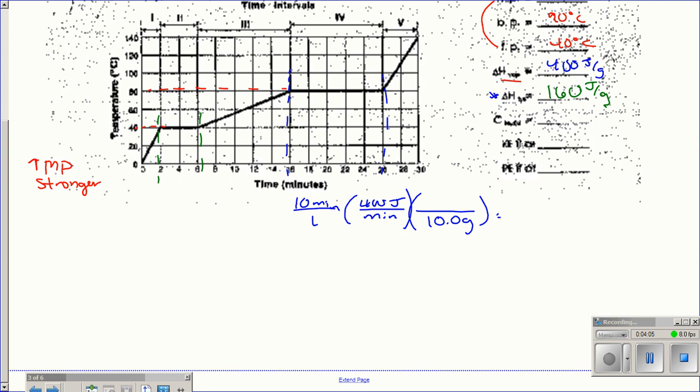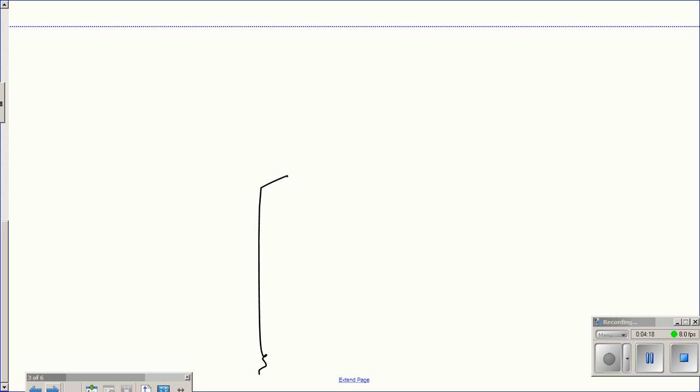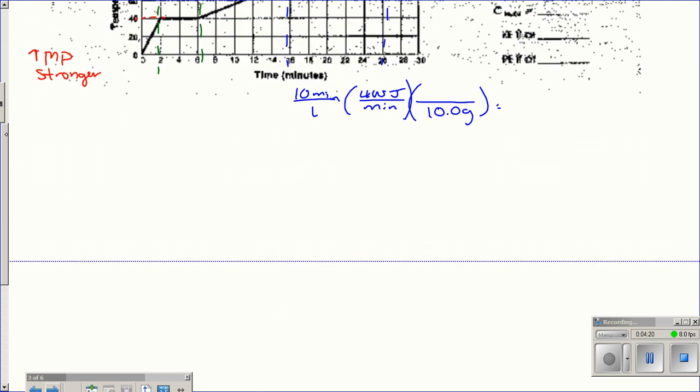Now, this is also asking you to use this graph to calculate the specific heat capacity of the liquid. We know that specific heat capacity is measured in joules per gram degree Celsius. So we want joules per gram degree Celsius.